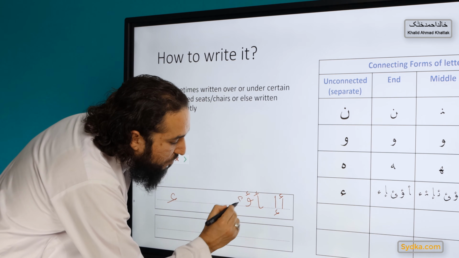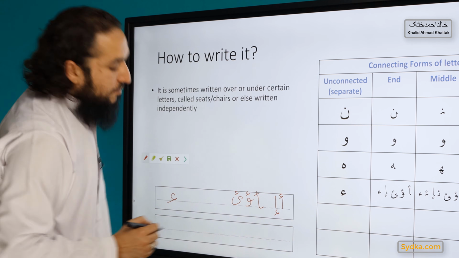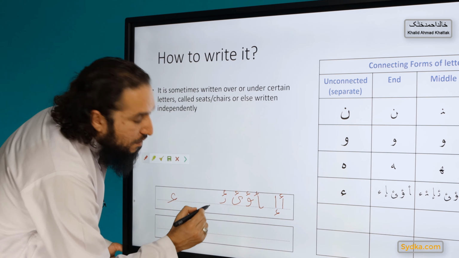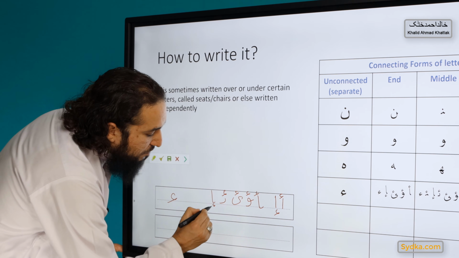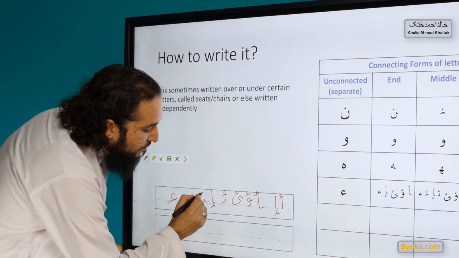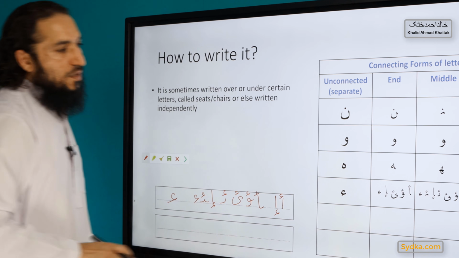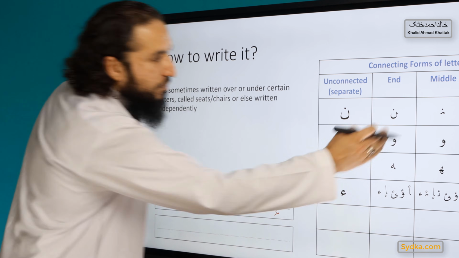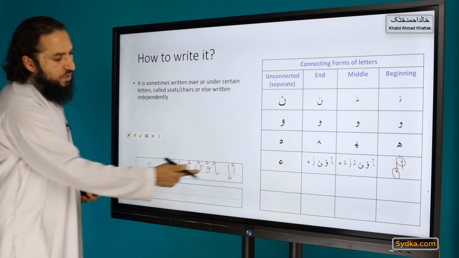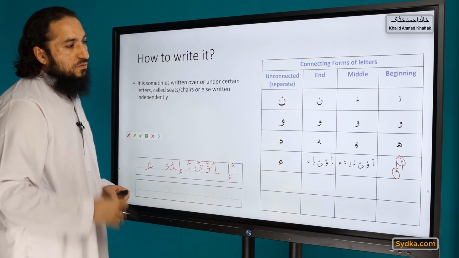So we are putting Hamzah on the chairs or seats. And sometimes you can write like that as well. The middle and the end are the same. You will see all these in real text. That's why I put all the examples there, so you're aware of them.